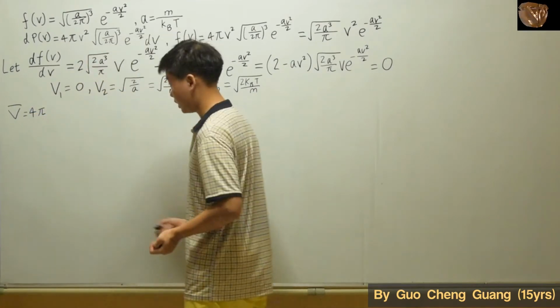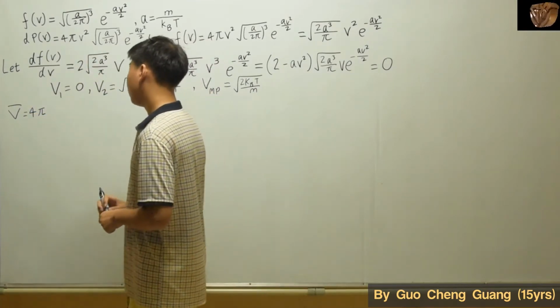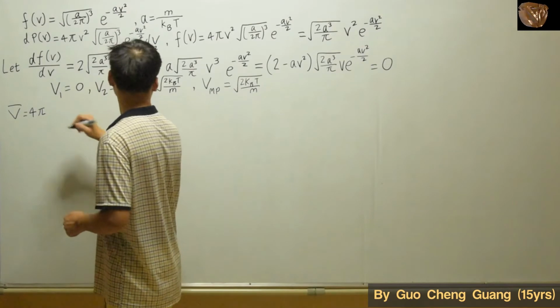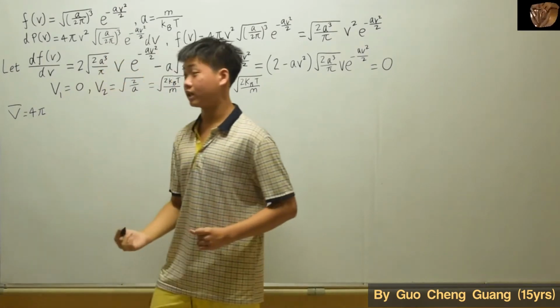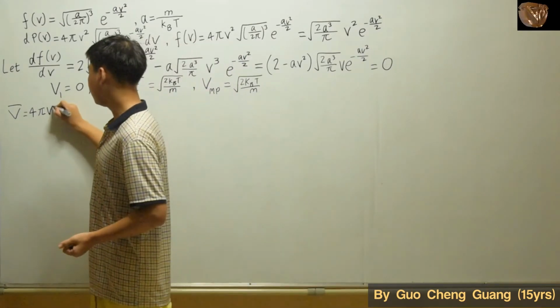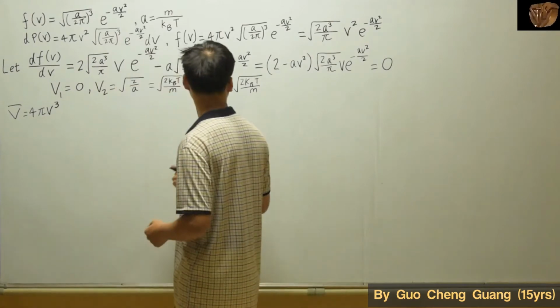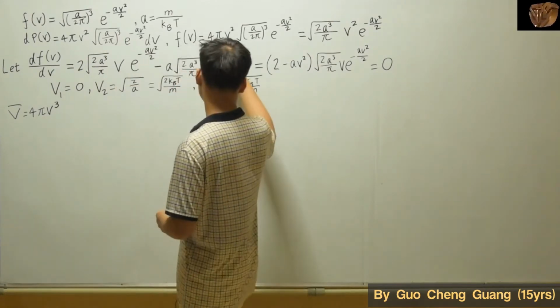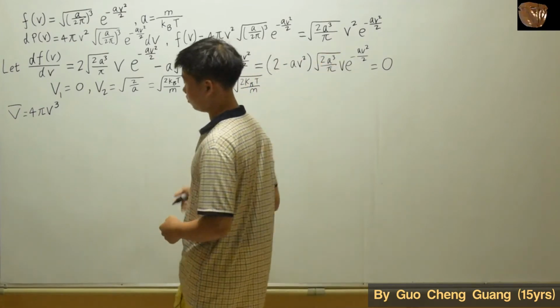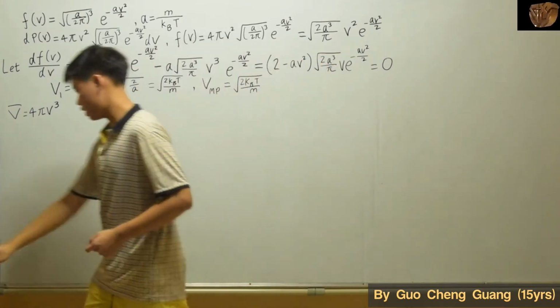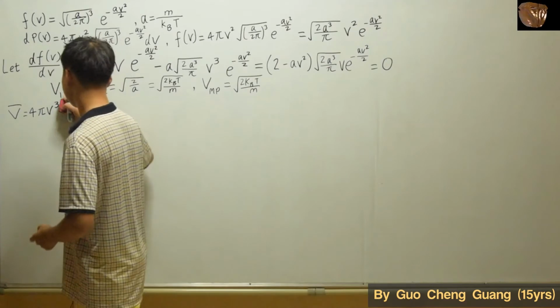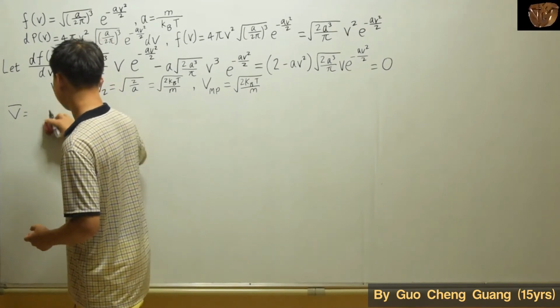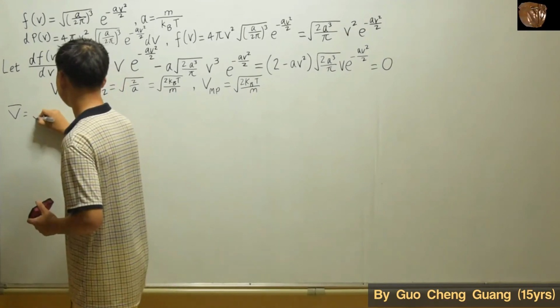It's a way of representing it. So 4 pi, and since if you know a little bit of expectation, you have v cubed. Alright, so of course you can use from this part or you can use from this part, which then in that case would just be, let me just change it in another form.